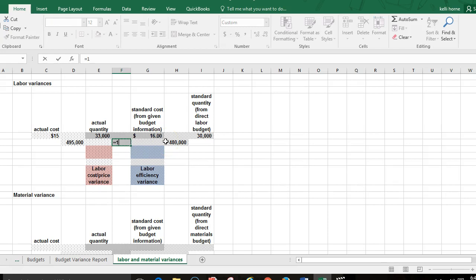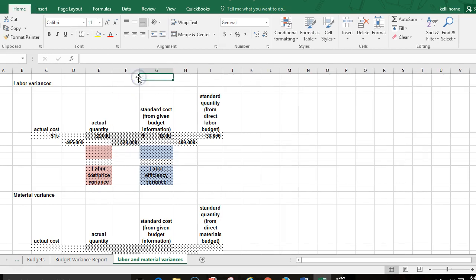I would have had 16 times 33,000 hours. I can make my column a little wider here. $528,000 in costs. So now basically you're going to look at the difference between your POHR and your actual hours.